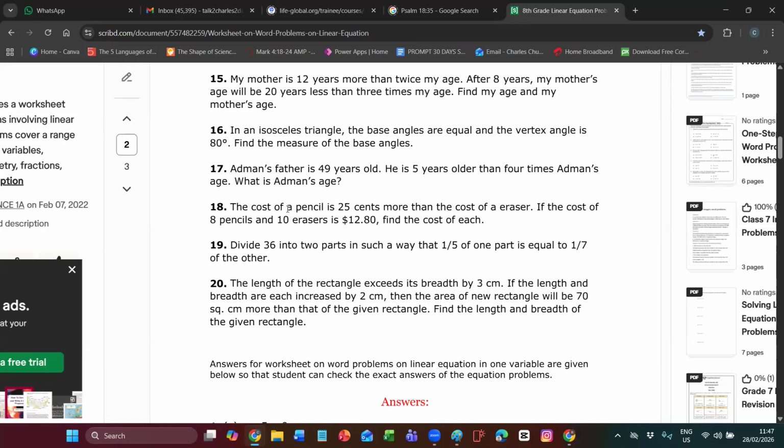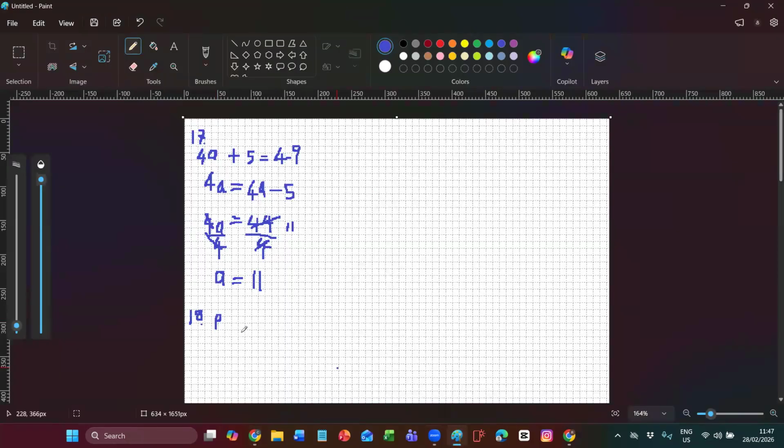You will see that it said the cost of a pencil is, and if you remember what I said about is, in mathematics it is represented by equals to. So once you put equals to in front of P, you won't start adding 25 to P. Instead, you will start thinking, okay, the 25 is not going to be added to P because it is 25 more than something else. That means it is that something else that should have the 25 added to it.